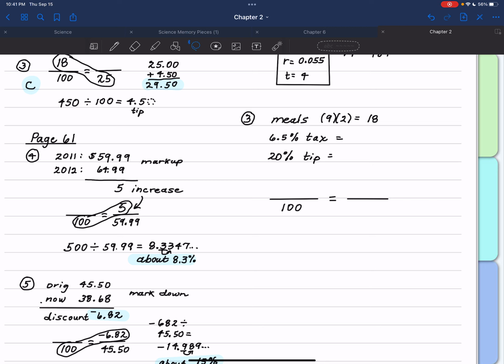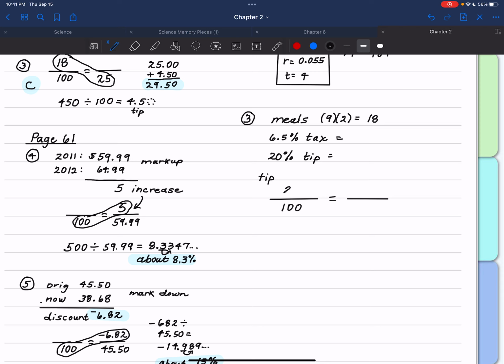So I am not sure. Let me read the problem again. They would like to leave a 20% tip in addition to the taxed amount. So I'm guessing that they do not count the tax when they're considering the tip. So let's do that one first. I may be wrong on this, but we'll find out.